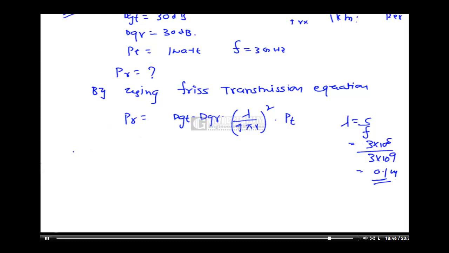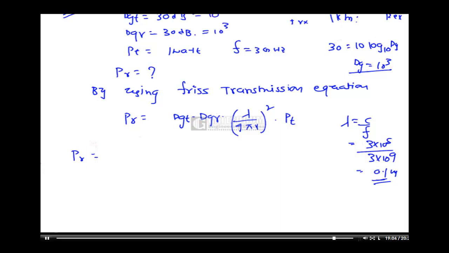If you substitute the values, DZT is 30 dB. So 30 is equal to 10 log base 10 of directive gain, so DZ is equal to 10 cube. DZT and DZR are both the same, 10 cube.